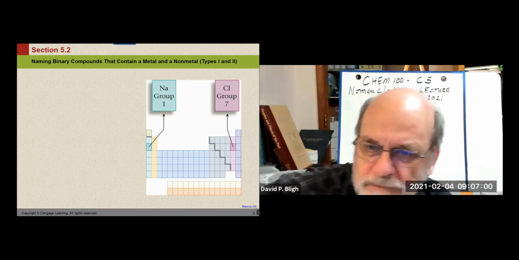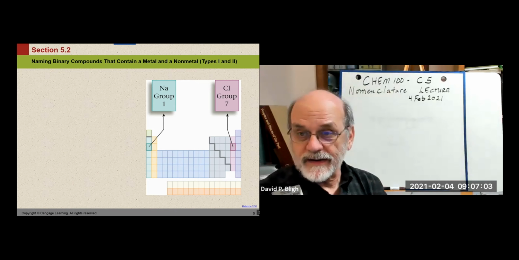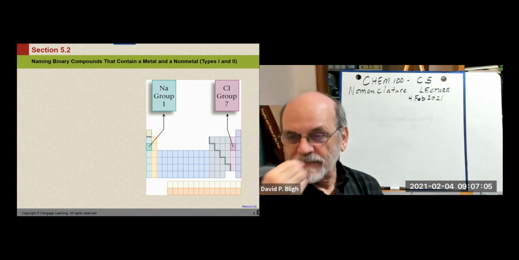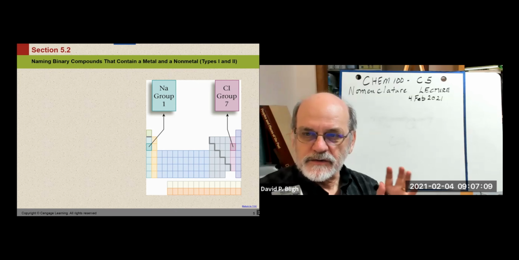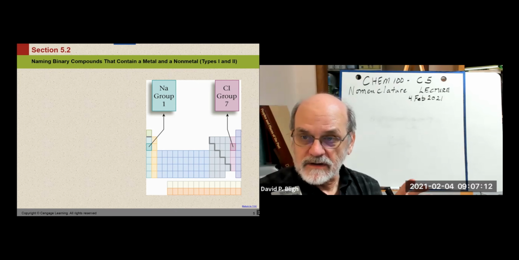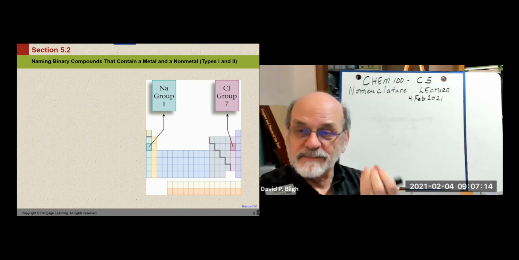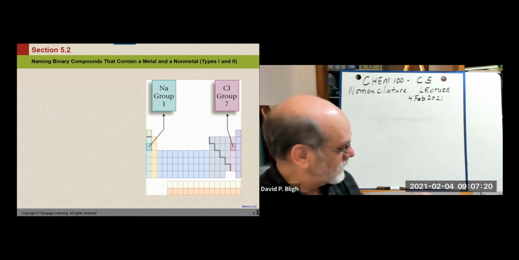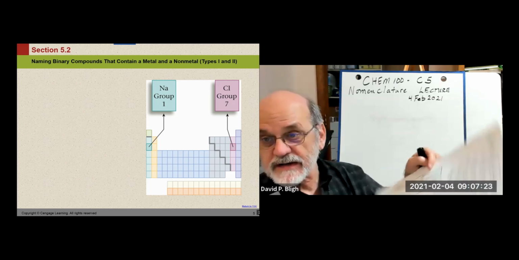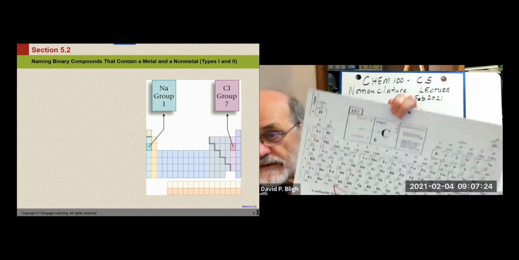So we need to become familiar with the periodic table and where the metals and nonmetals come from, because the naming convention, the rules, depend upon where the metal came from, where the nonmetal comes from, which group does it come from? And remember, the periodic table is subdivided into vertical groups.